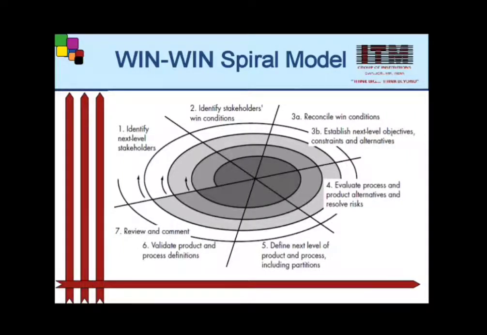Then in the fourth phase, it evaluates process and product alternatives and risk, and resolves risk. Then define the next level of product and process including partitions, then validate product and process definition, and finally review and comment.